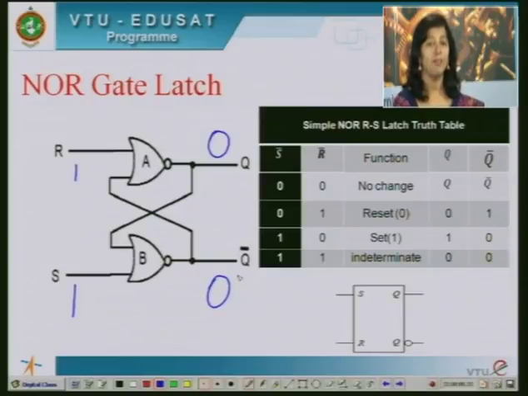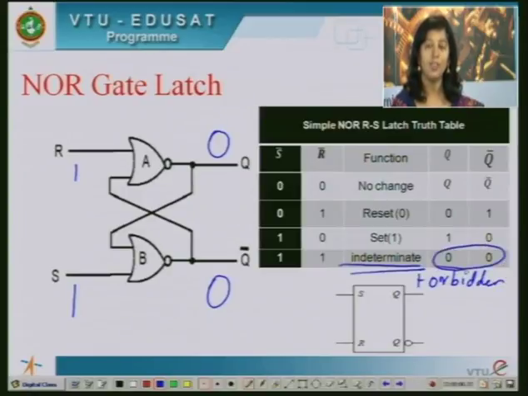So remember, we need to have complemented outputs. If Q is 0, Q bar should be 1. That's not the case here when both inputs are at high. So this forms the indeterminate state or the forbidden state, as I told you, which is both 0 state in this case. For NAND latch, both high was the forbidden state.